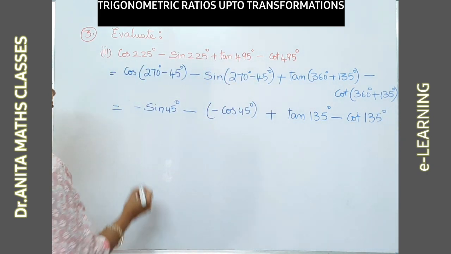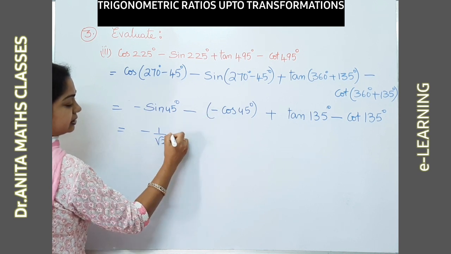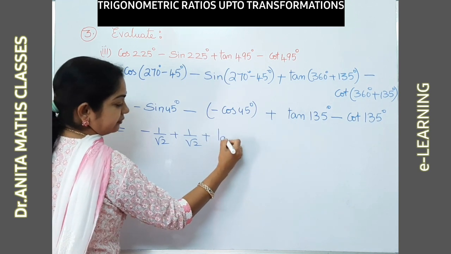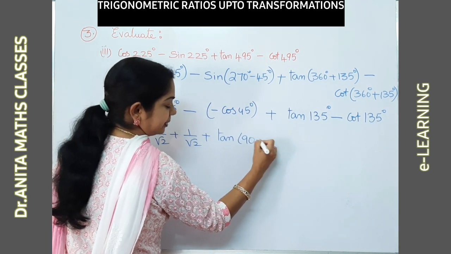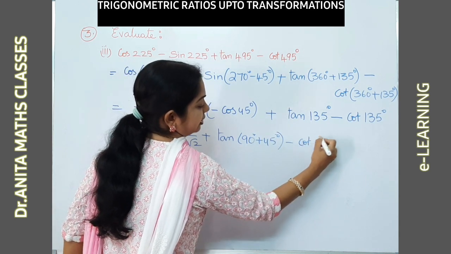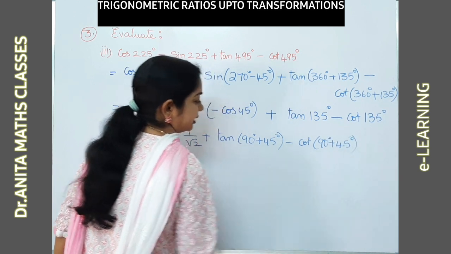Now here we can write it as minus 1 by root 2 minus minus plus 1 by root 2, plus tan 135, I can write it as 90 plus 45 degrees. Again we can split it the same way, minus cot 90 plus 45 degrees.